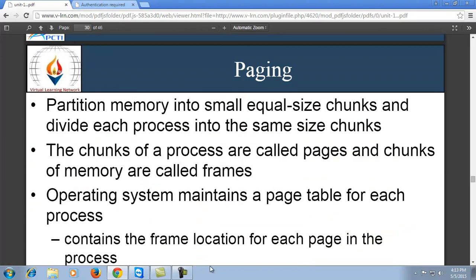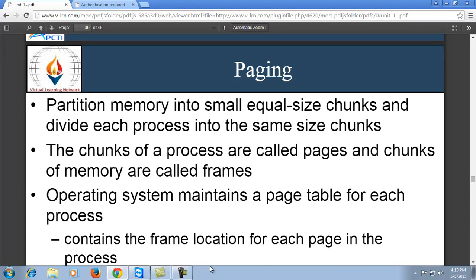As its name implies, paging partitions memory into small equal-size chunks, and divides each process into the same size chunks. The chunks of a process are called pages and the chunks of memory are called frames. So remember this: chunks of processes are called pages, chunks of memory are called frames.